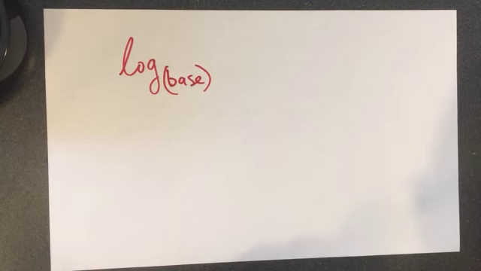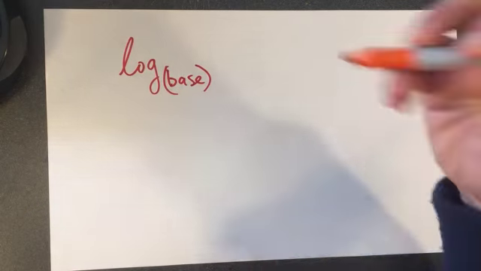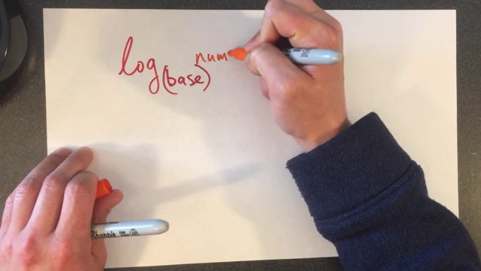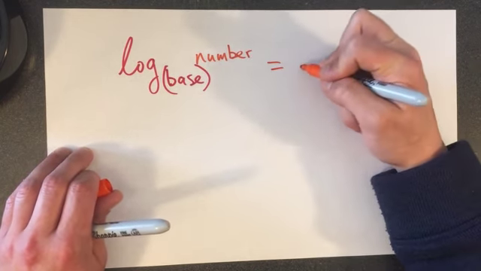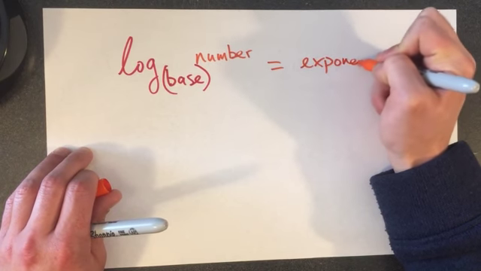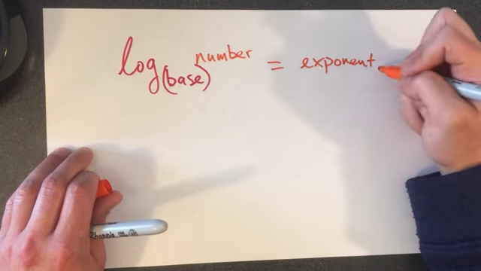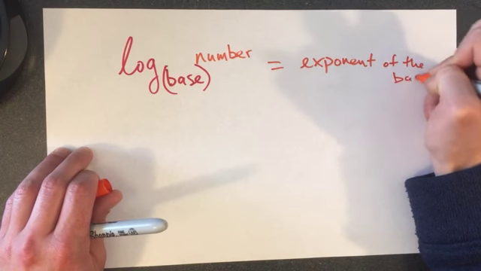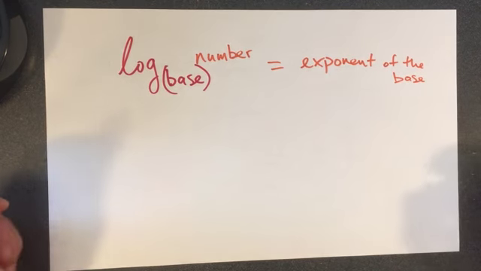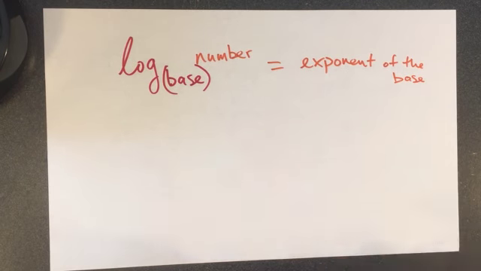And then we have the number here. We'll just call this the number. And our answer is actually going to be the exponent. And this is the exponent of the base.